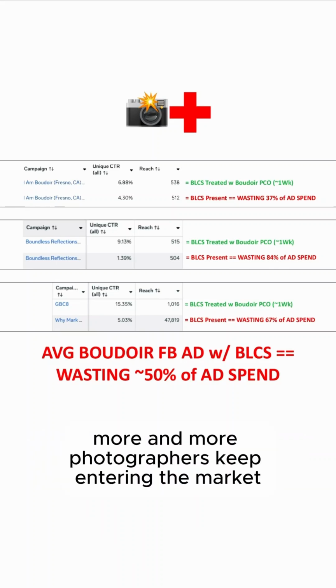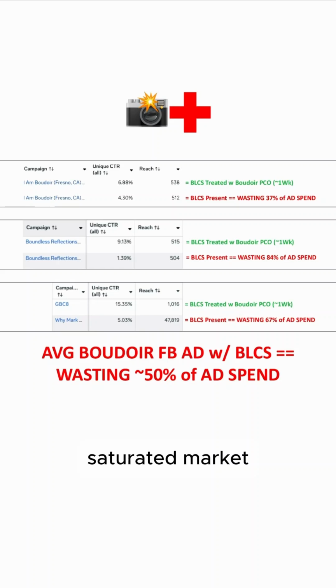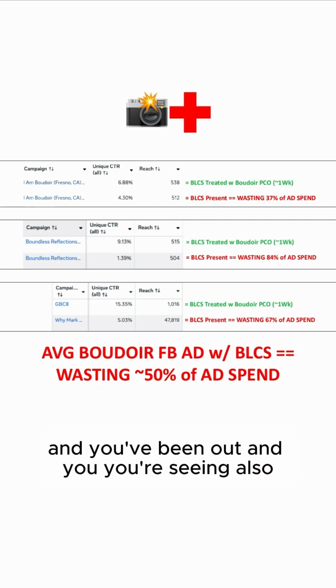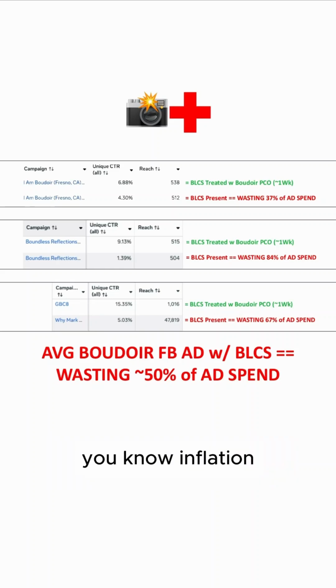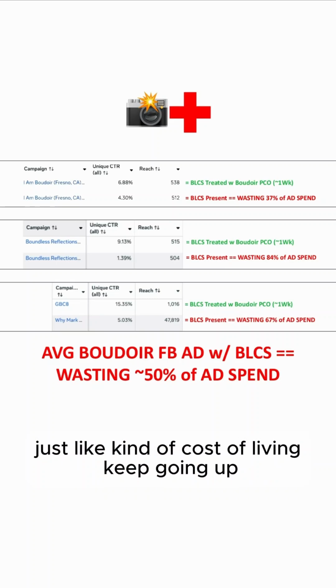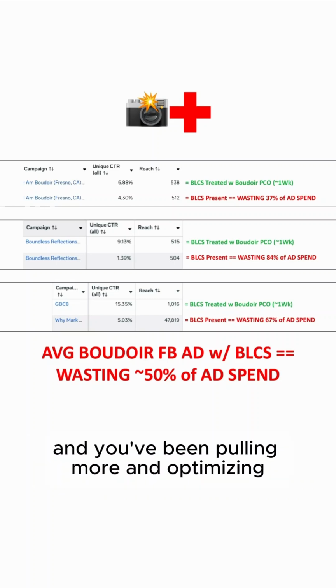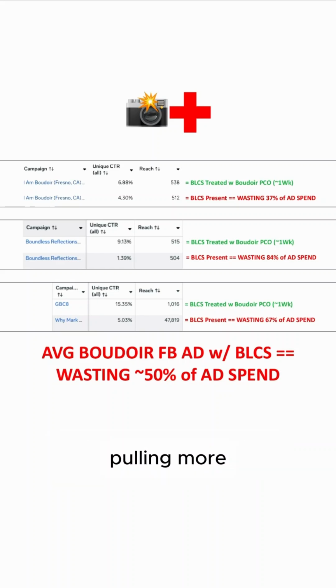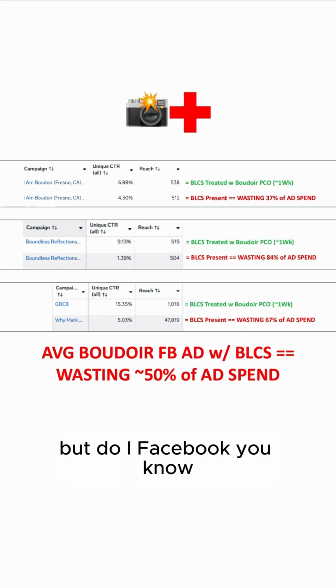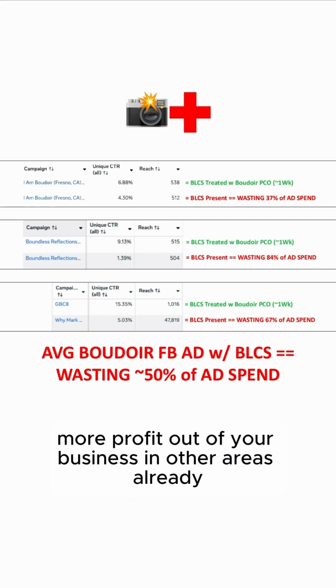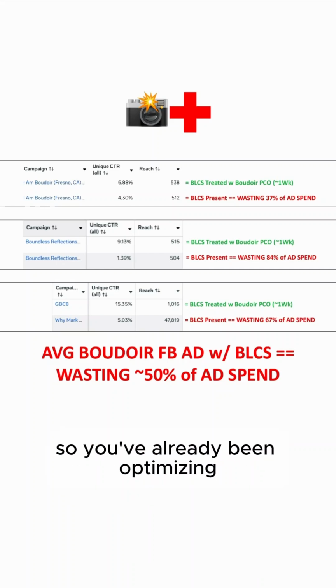So more and more photographers keep entering the market, saturated market. And you're also seeing inflation, the cost of living keep going up, going up, going up. And you've been optimizing, pulling more profit out of your business in other areas already.